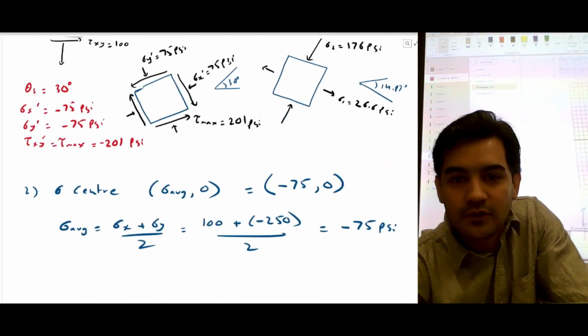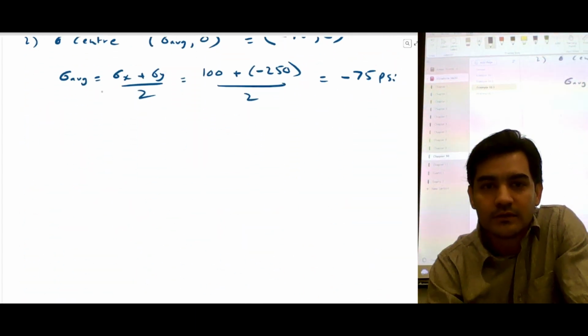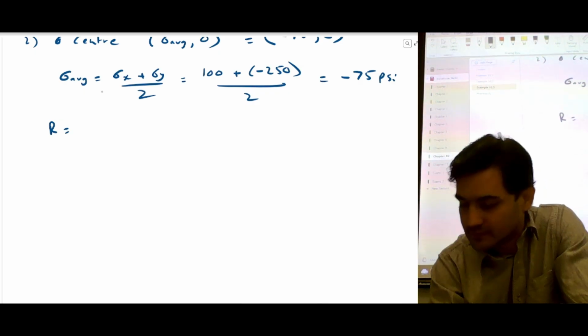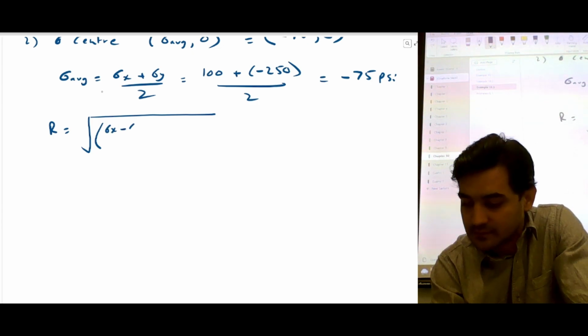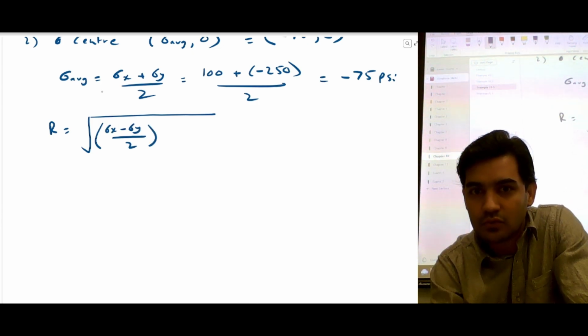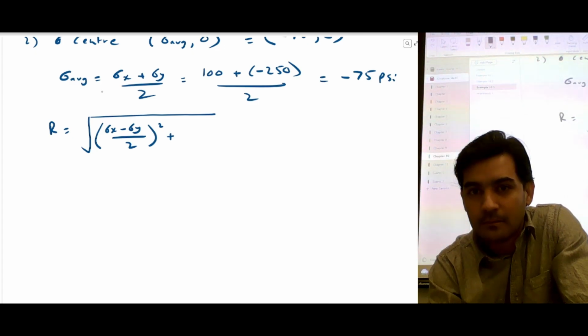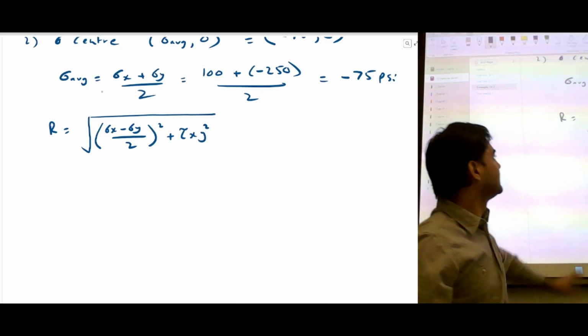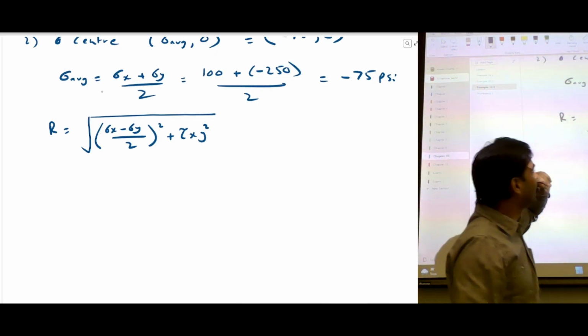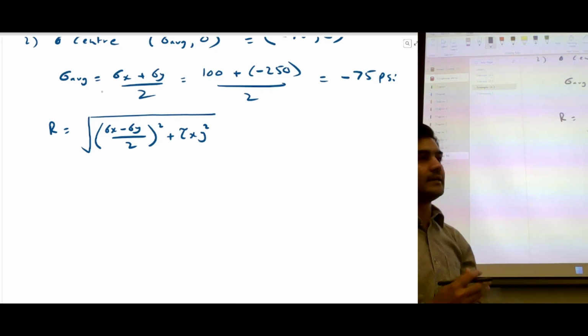So for the radius, the formula is the square root of stress x minus stress y divided by 2, whole squared, plus tau xy squared. That's the formula for the radius of a circle, in the case of our transformation equations.